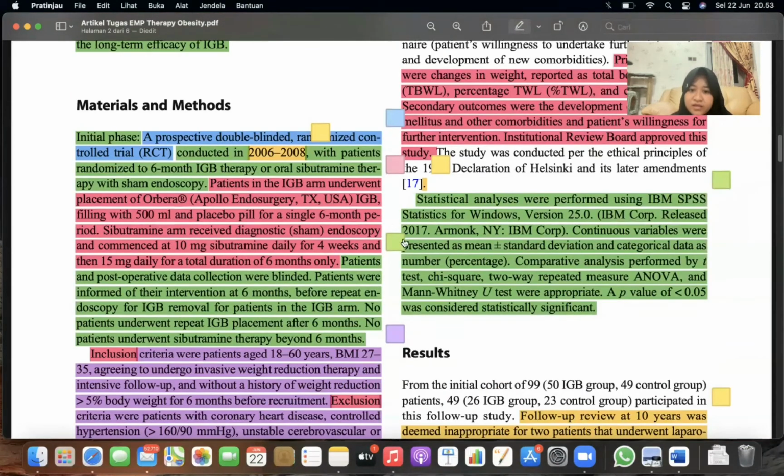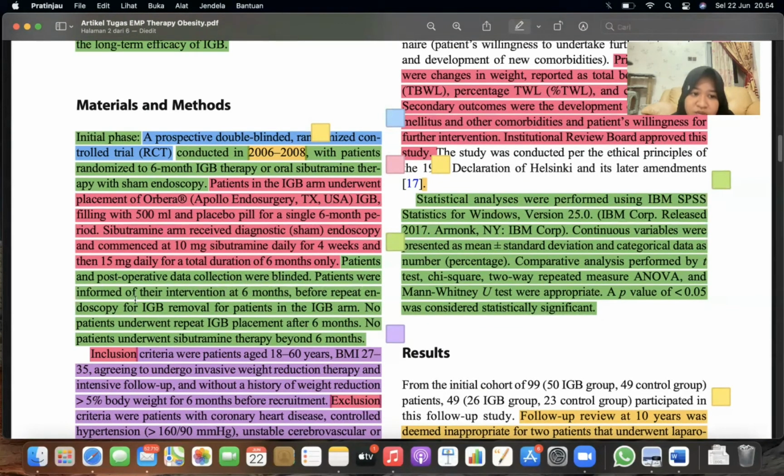Okay, the next is number 11A. If done, who was blinded after assignment to intervention? For example, participants, care providers, those assessing outcome, and how. Okay, this answer is highlighted in green. Patients and post-operative data collection were blinded.